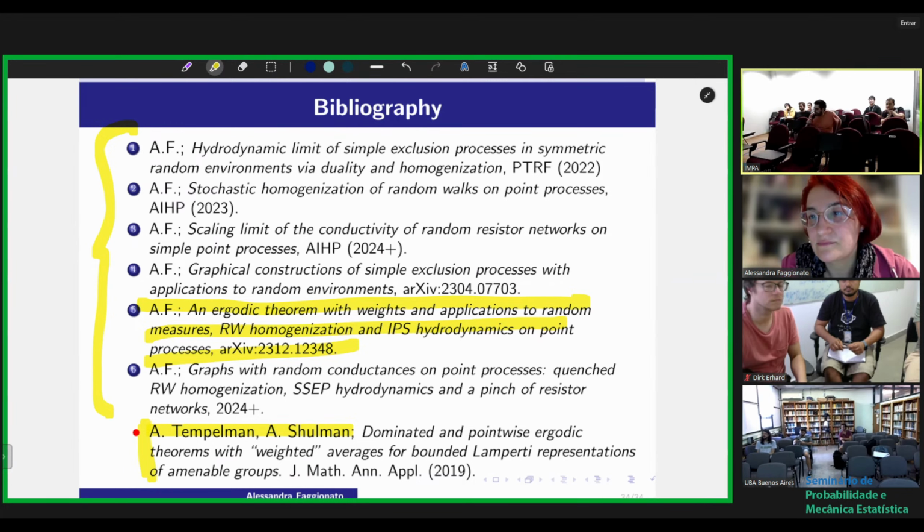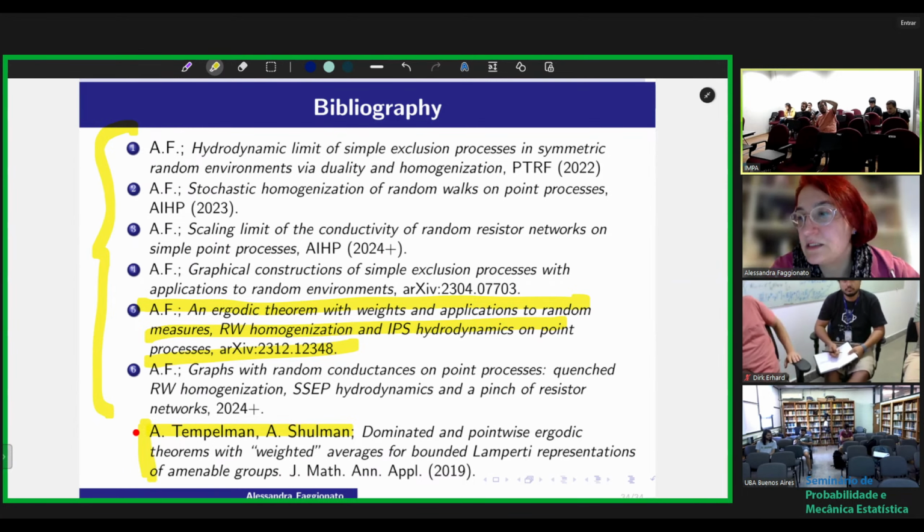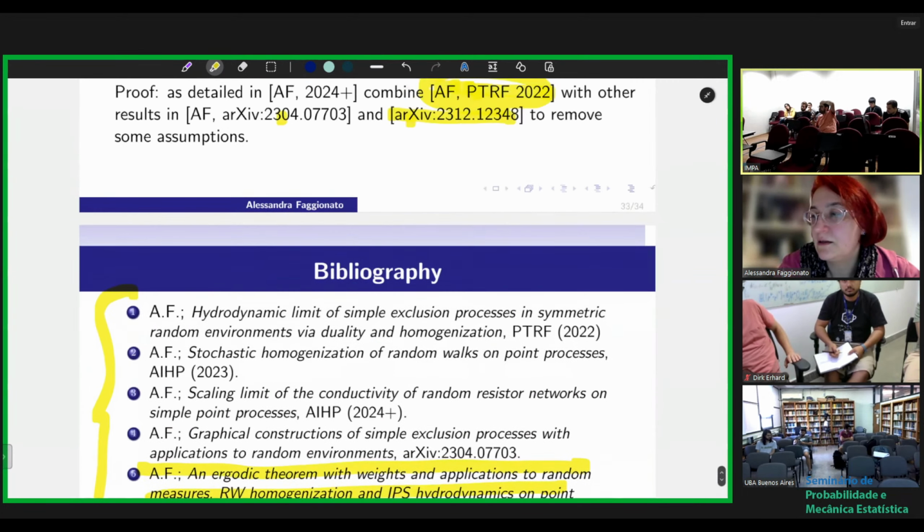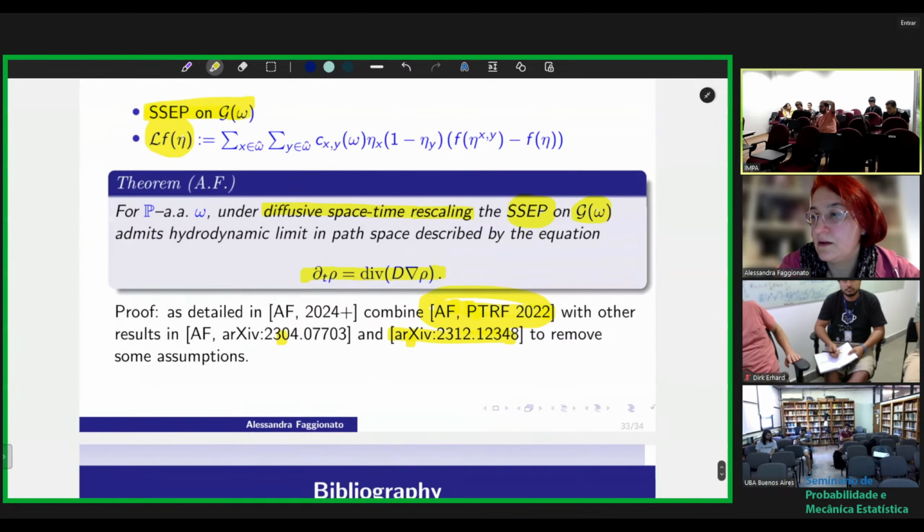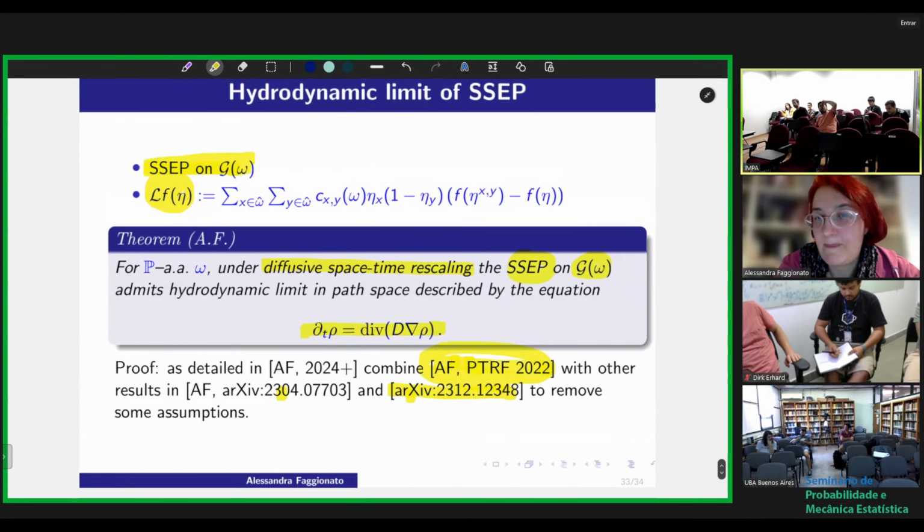Yes, so I have a question about this decay on the test function in your theorem. Tempelman can do this with exponent bigger than D, so it's basically the threshold on which polynomial decay implies integrability, right?